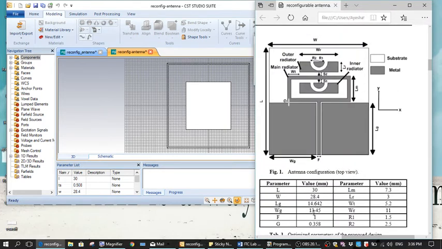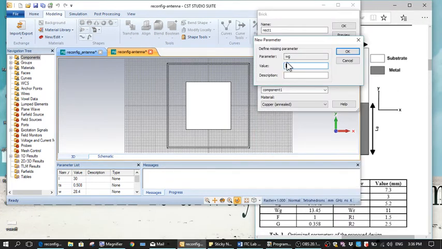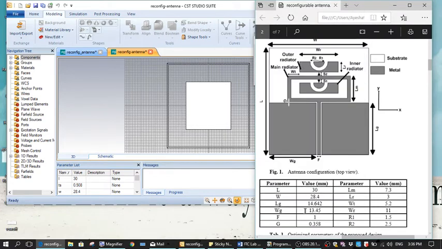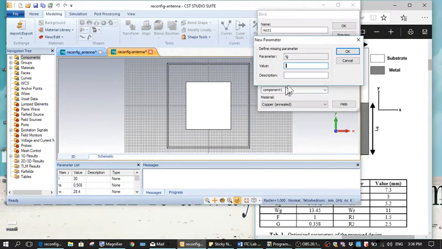So WG is 13.45, and LG is 14.64. Okay, and it's asking for the thickness of copper, which is 0.035.